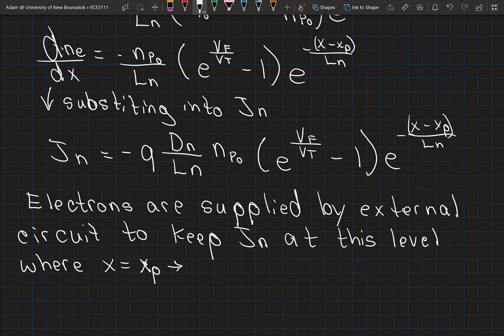Or in other words, at the site of minority carrier injection, right? Again, just at the edge of the depletion region.